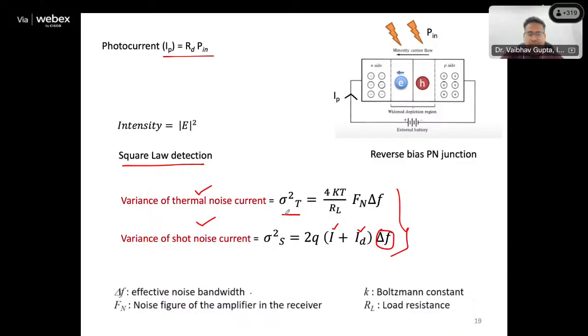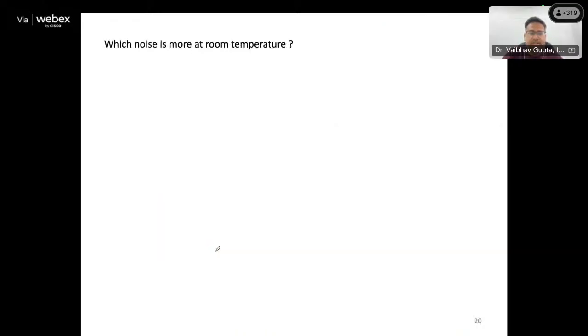This sigma square T, the variance due to the thermal current, is given by this particular formula. So this depends heavily on the temperature. Now let's try to calculate how much of each of this power, thermal noise or shot noise, there is. Consider that we are working at room temperature, and we are trying to find out the noise.